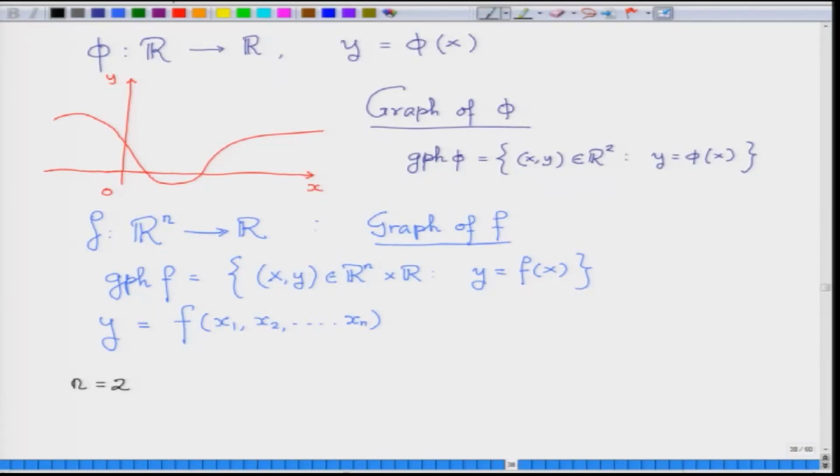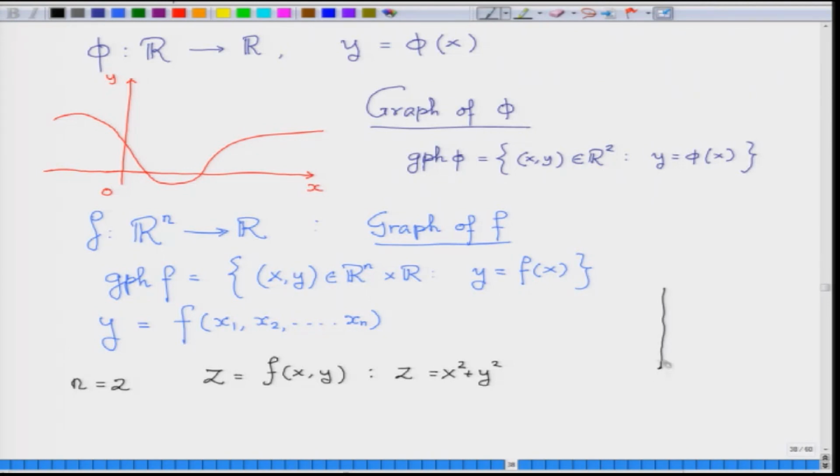For example, if I say that z is a function of x and y, let us take an example, z equals x square plus y square. So x and y will lie on the plane while its value has to be plotted in a 3-dimensional setting. So let me see how it would look.